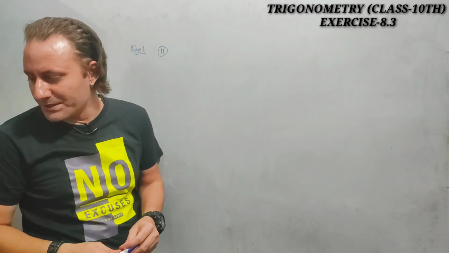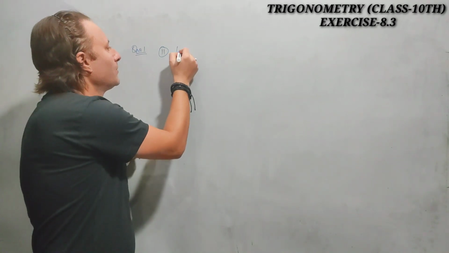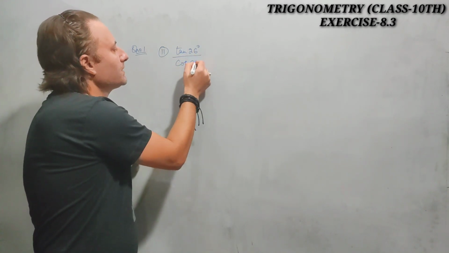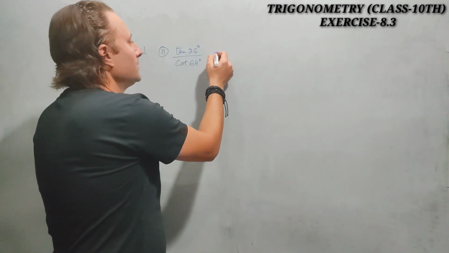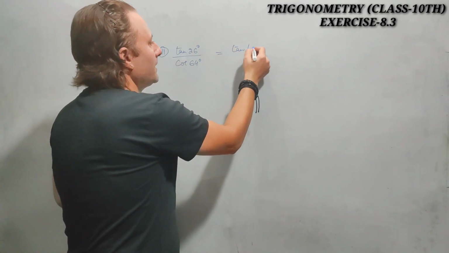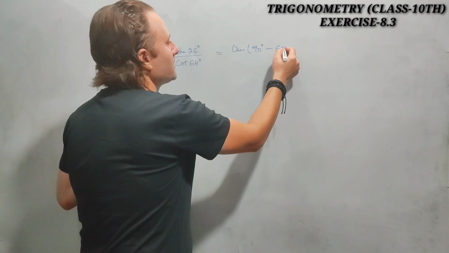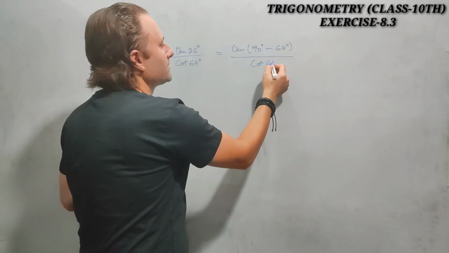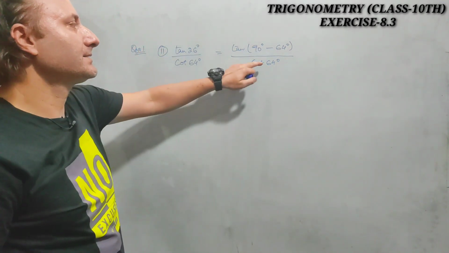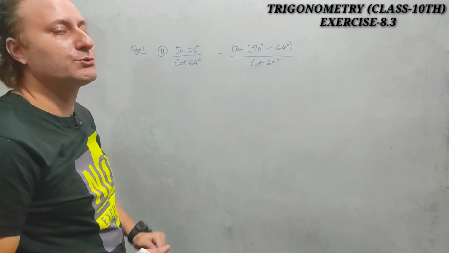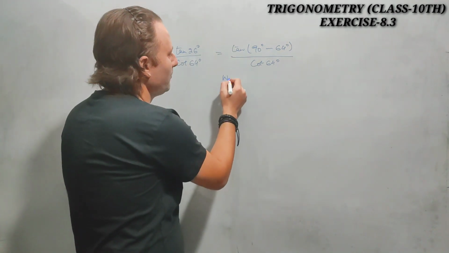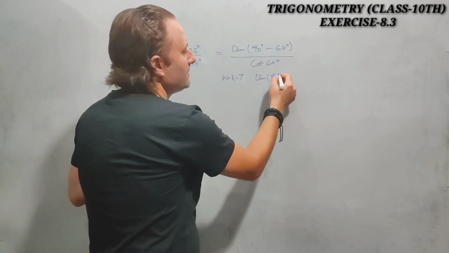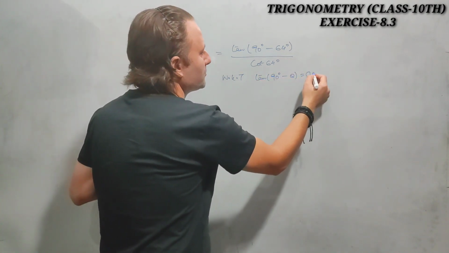It says tan 26 degree upon cot 64 degrees. In the same way, I will write tan 90 degree minus 64 degrees upon cot 64 degree, as 90 minus 64 is 26. We have a formula for tan: tan 90 minus theta is equal to cot theta.